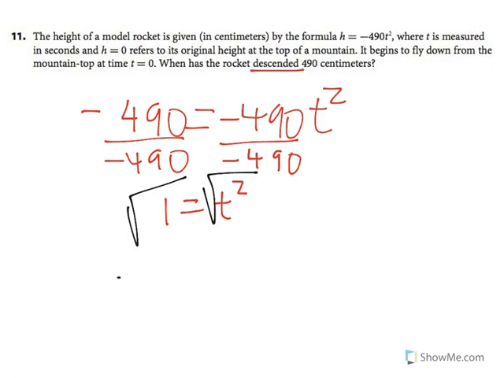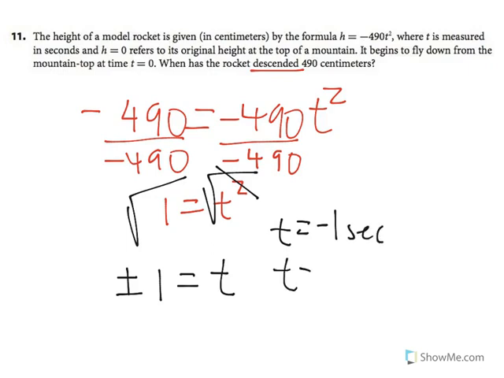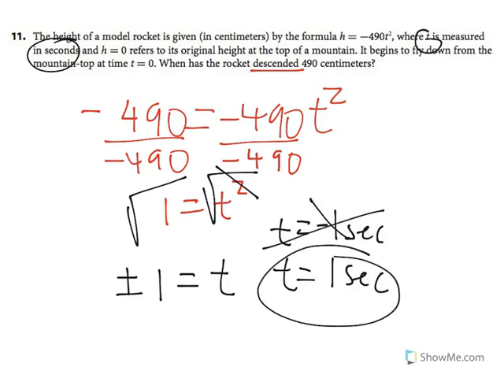Right, so then we have learned that this gives us plus or minus 1, and the square and the square root cancel out to give us t, so t equal to negative 1 second, or t equal to 1 second. Since t is in terms of seconds, we cannot have a negative second, so we can cross that out, so the answer will be after 1 second.